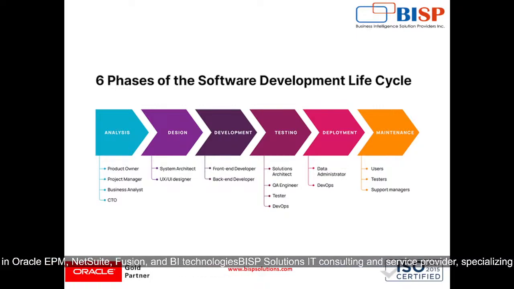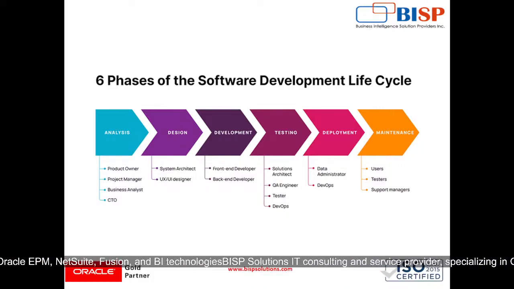Then coming to our testing phase, which means testing is done by people. If there is an error, they can look into it. The main objective of testing is verifying the functionality and performance of the NetSuite customizations.